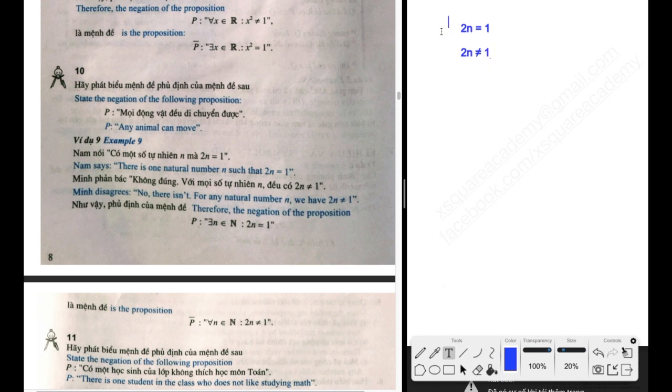So this is proposition P and the negation of P, written P with a bar.